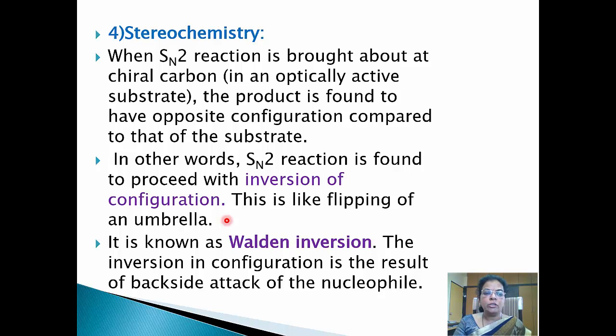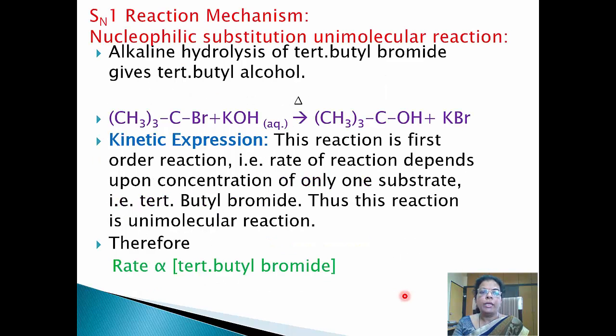Like this, the structure of methyl bromide, when it is converted into methanol, is completely inverted, like an inverted umbrella. It is known as Walden inversion. The inversion in configuration is the result of backside attack of the nucleophile. This inversion of configuration occurs due to backside attack of the nucleophile.